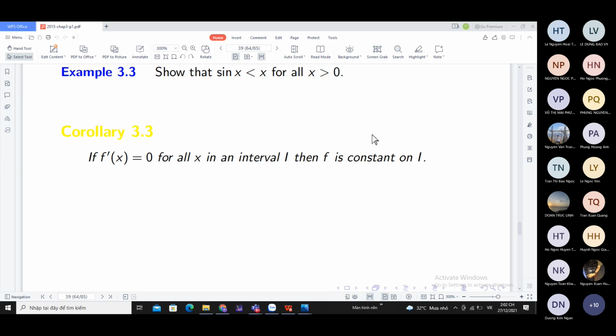The question here is how to prove it. Actually, it follows directly from the mean value theorem. The proof is very, very simple. Now let me show you.